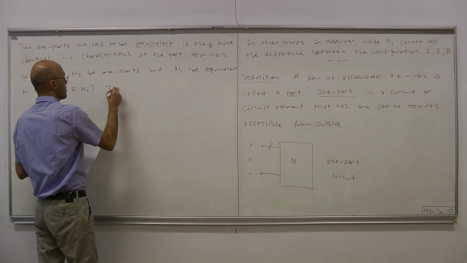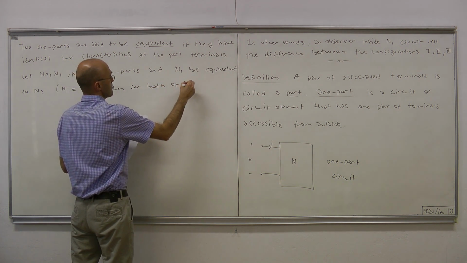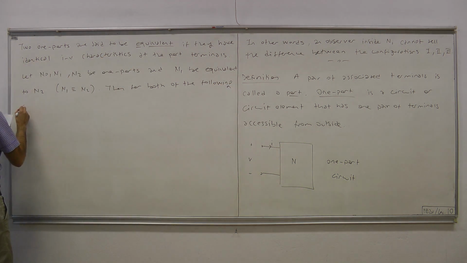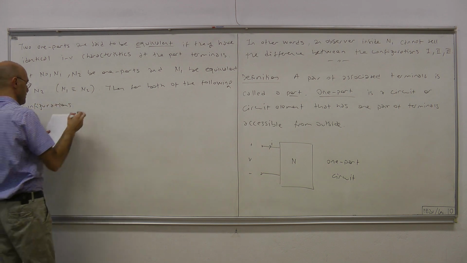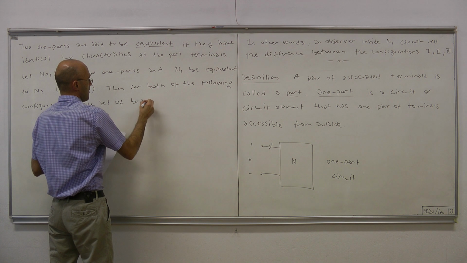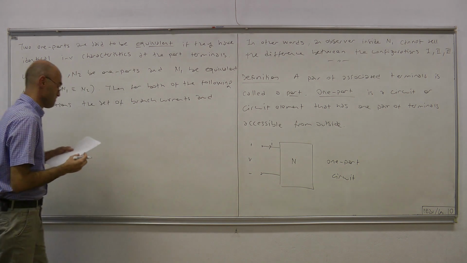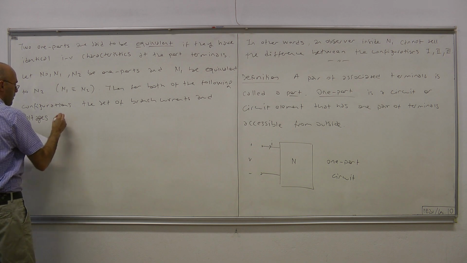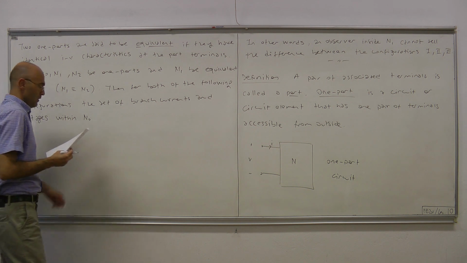Then, for both of the following configurations, branch currents and voltages within N0, the first one port, will be the same.